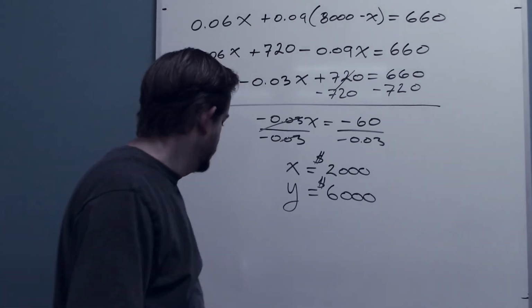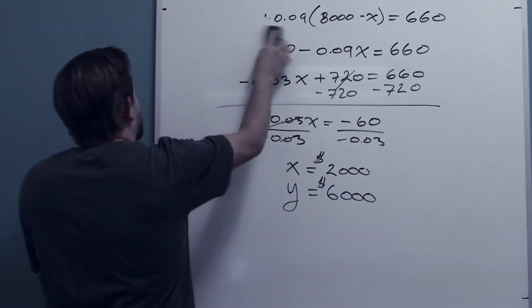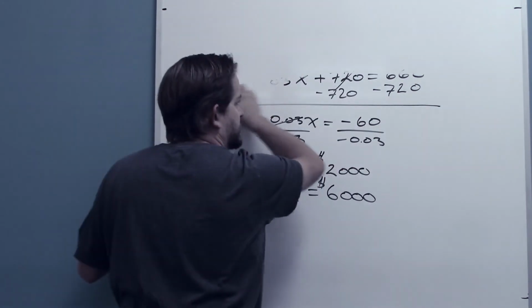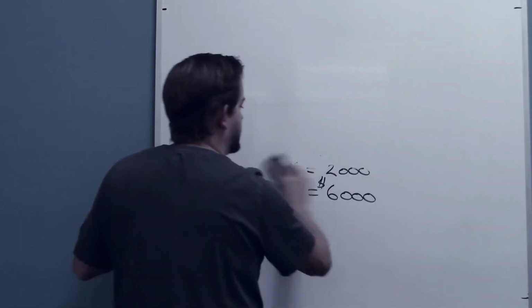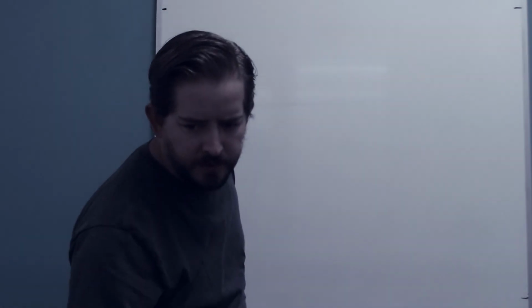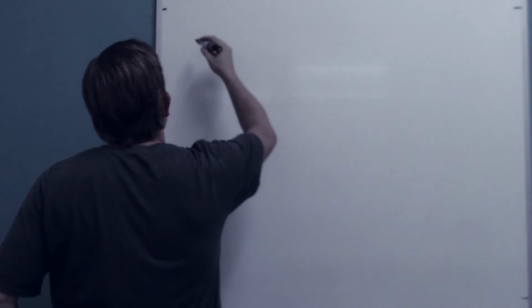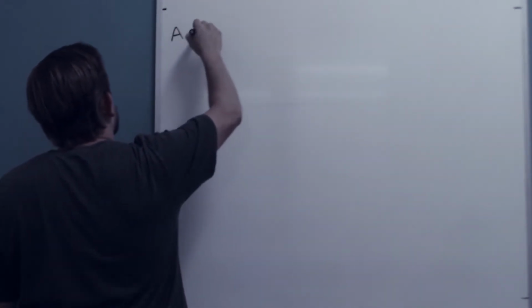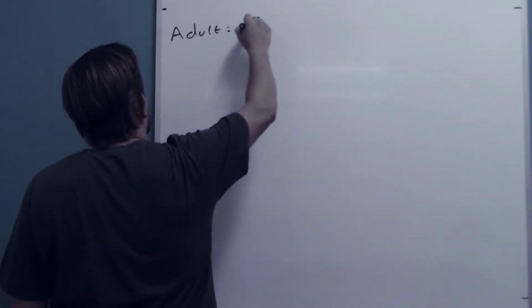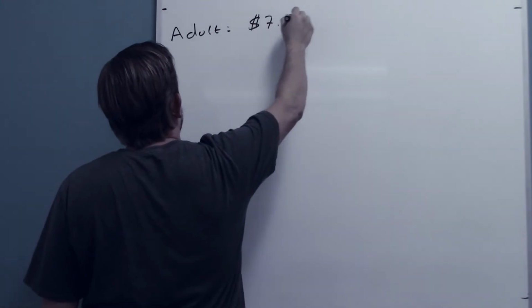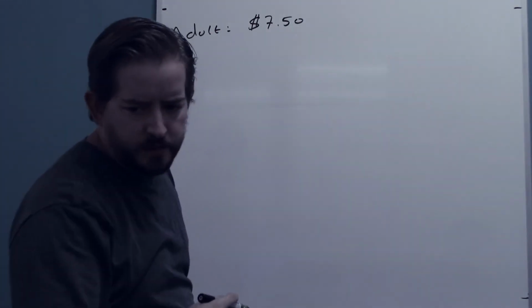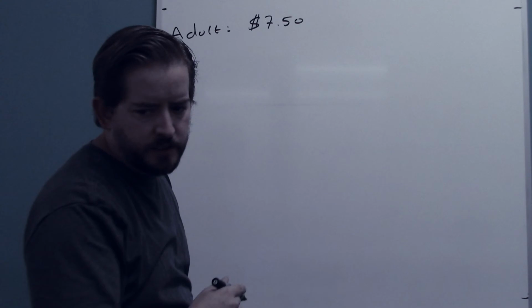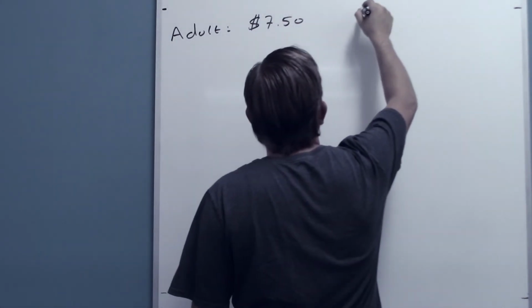All right. This next type of problem I've seen on a final exam every year for the last like 10 years. So let's take a look at this one. Adult tickets at a theater, $7.50 each, while children's tickets cost $4.75.